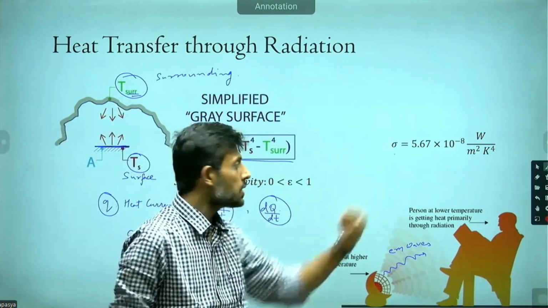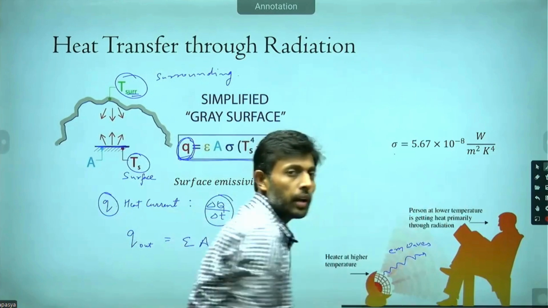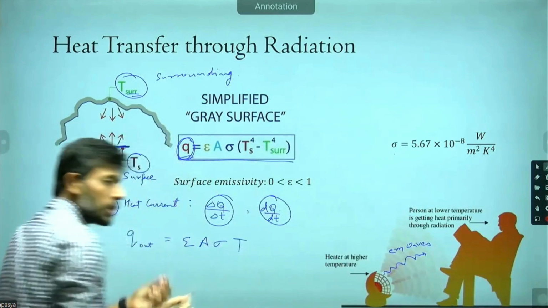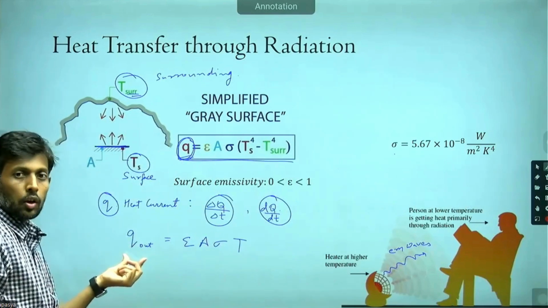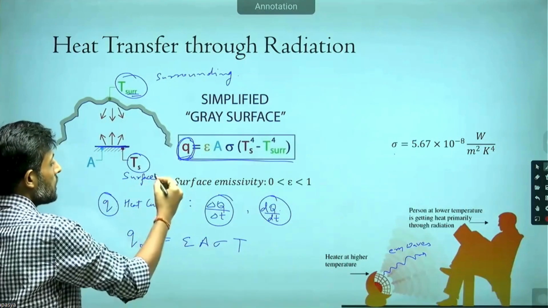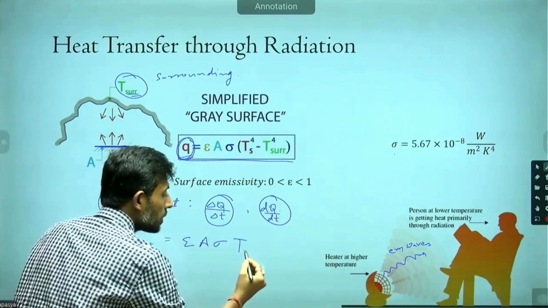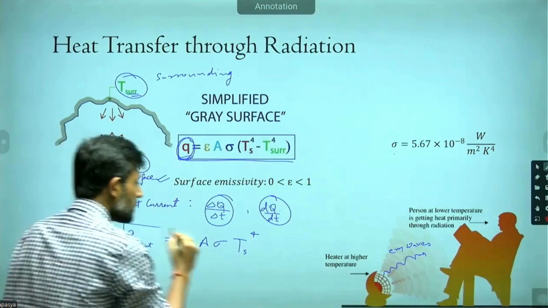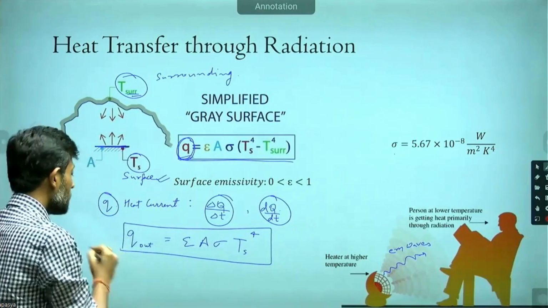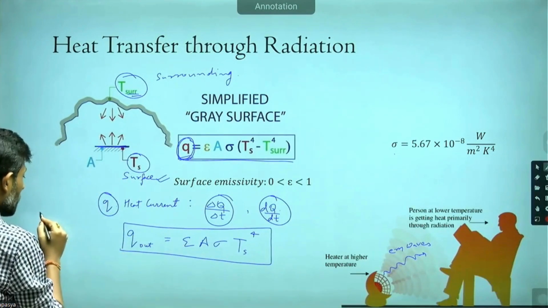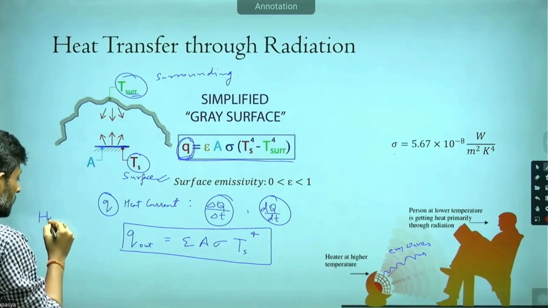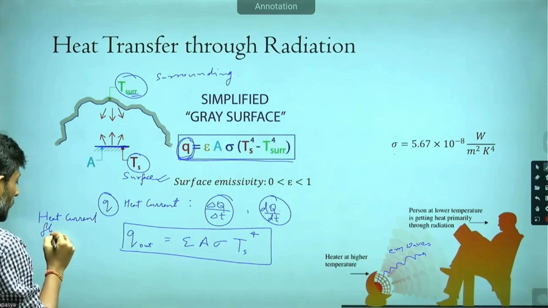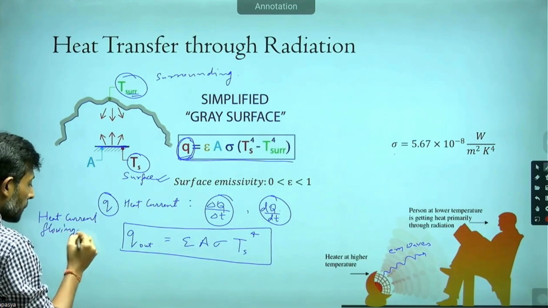Stefan-Boltzmann constant is this sigma, and this is the value, okay? And the temperature of the surface in question, because we are talking about heat flowing out of this surface, so we'll take temperature of the surface to the power 4. This is the heat given by the surface. This is the heat current out of the surface. This is heat current flowing out.